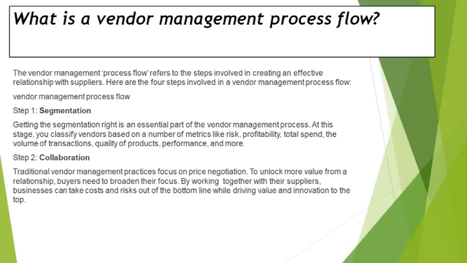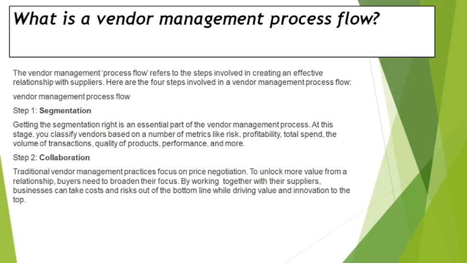As you can see here, the first step is segmentation. Getting the segmentation right is an essential part of the vendor management process. At this stage, you can classify vendors based on a number of metrics like risk, profitability, total spend, the volume of transactions, quality of products, performance, etc.